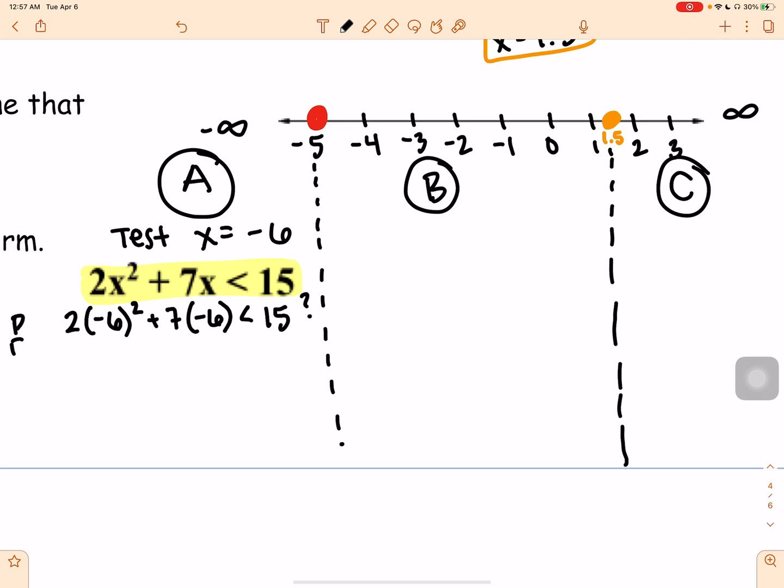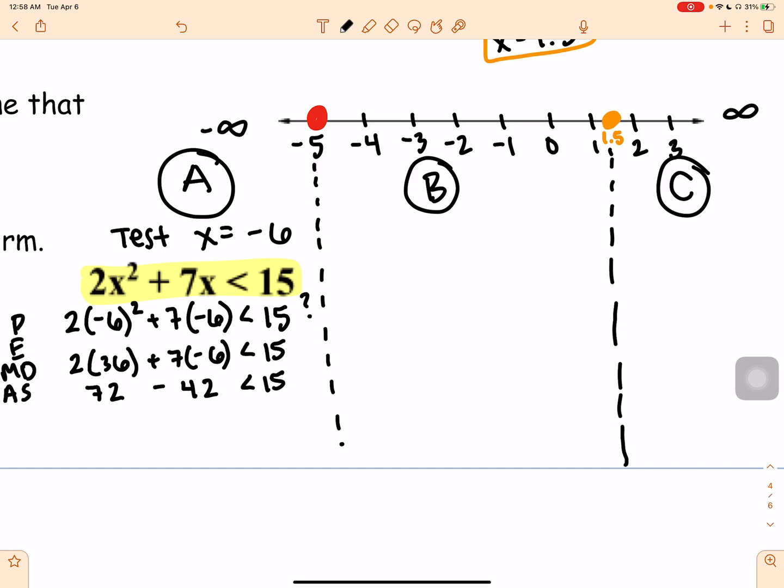If you're following PEMDAS, our order of operations, we simplify inside parentheses first, but these are only a single number, so we don't have anything to simplify there. But the exponent, negative 6 squared, is 36. All right, so we did the exponents, now it's time for multiplication. 2 times 36 is 72. 7 times negative 6 is negative 42.